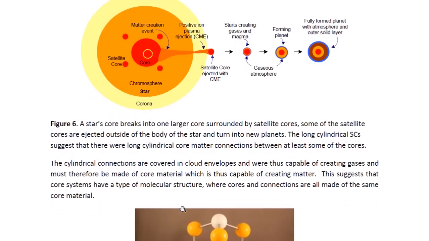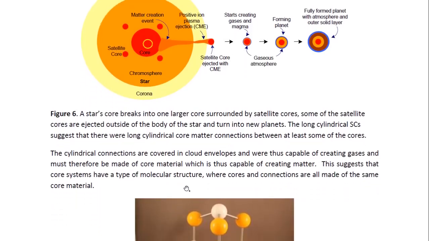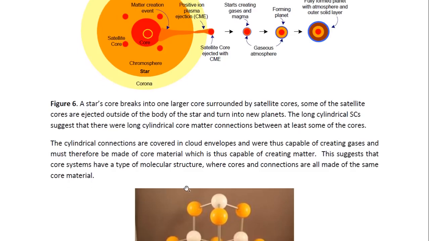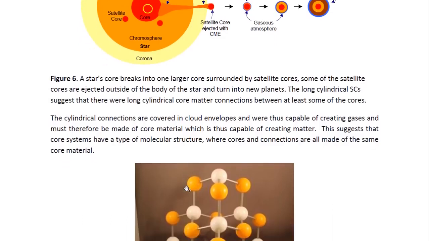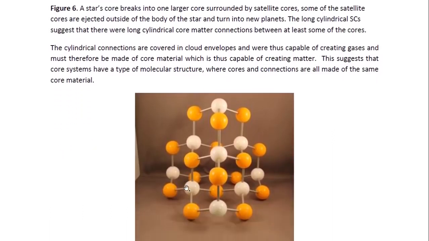Now, so these cylindrical connections are covered in cloud envelopes and were thus capable of creating gases, and must therefore be made of core material, which is thus capable of creating matter. So this suggests that core systems have a type of molecular structure where cores and connections are all made of the same core material.